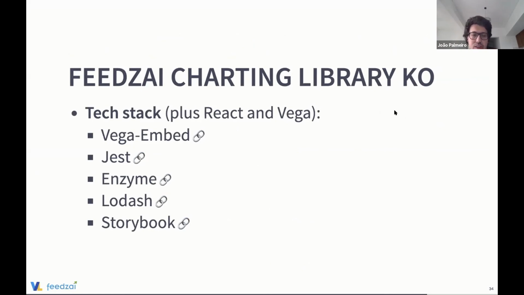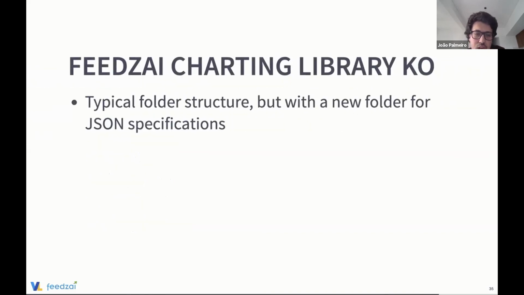Just as an example, for the tests, Lodash to check some things on the React component, and Storybook to have a way to show it easily. Because it's a chart, it's super visual, and Storybook helps a lot with this.